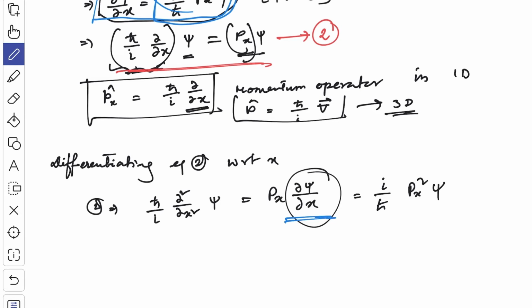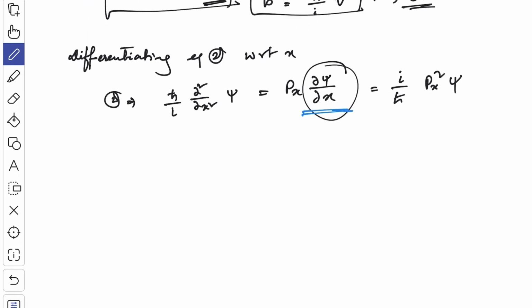Okay, now if you simplify this equation, so here you see, this is i. So if you simplify this equation, that's going to be minus h cut square second order derivative with respect to x, operates on psi, equals px square psi.